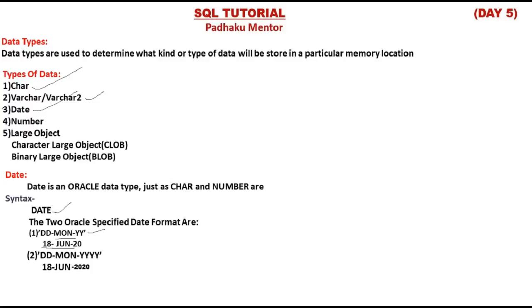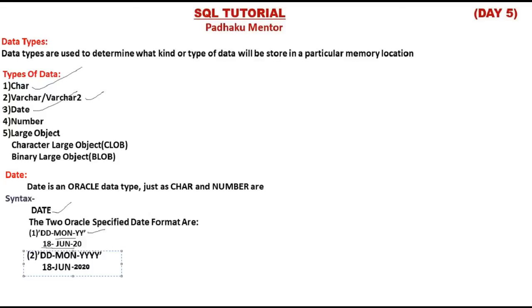Here I stored 18th June 2020: 18, three letters of the month JUN, and the last two digits of the year, 20.